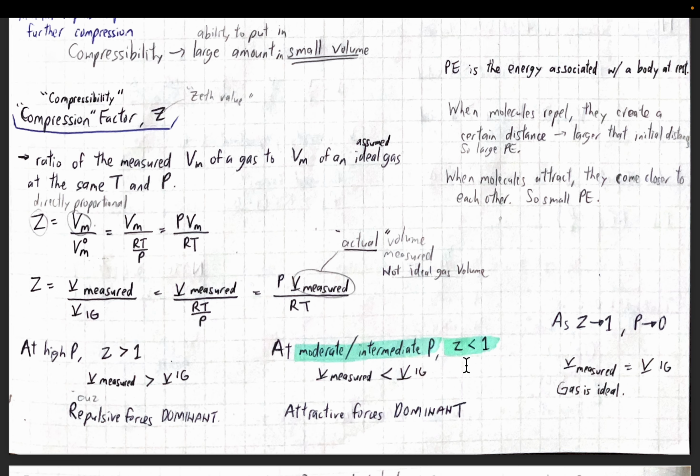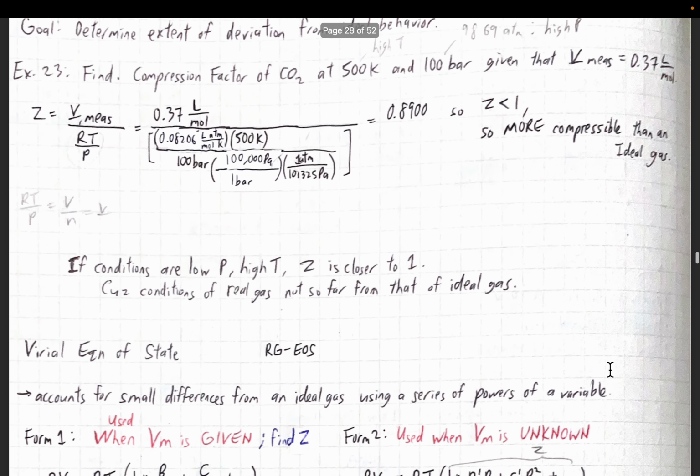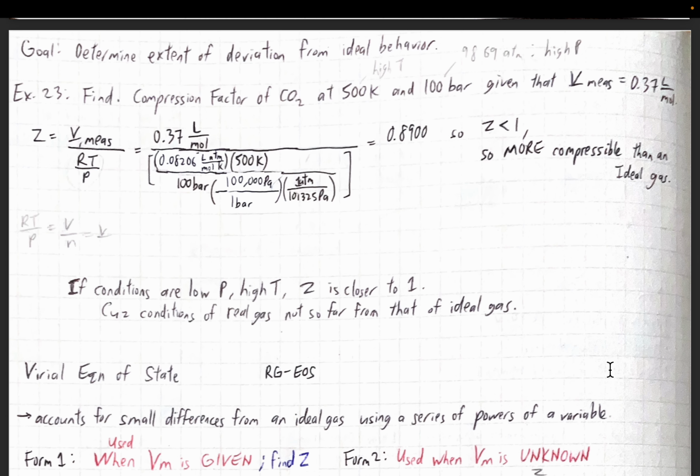So notice their differences. The molar volume measured is greater than the molar volume of the ideal gas. It's the opposite for attractive forces being dominant. If the gas is ideal, then the compressibility factor approaches 1 as the pressure approaches 0, and the molar volume measured is equal to the molar volume of the ideal gas. Okay?